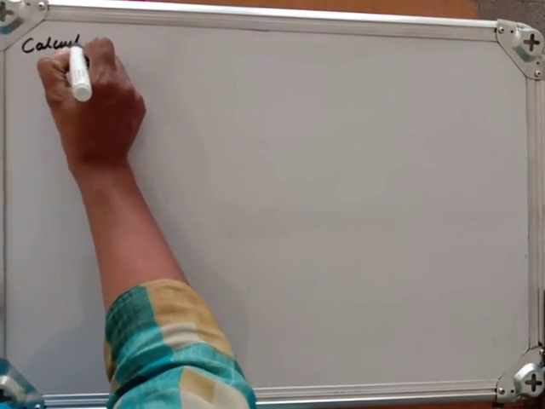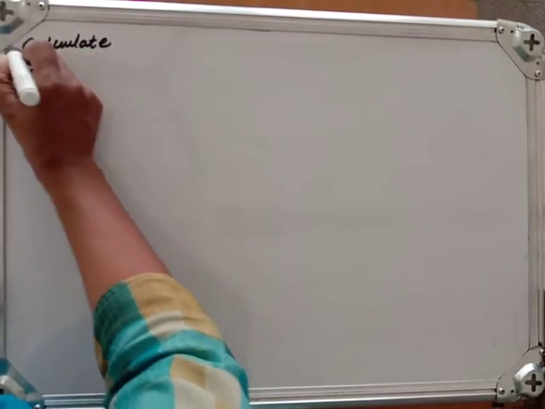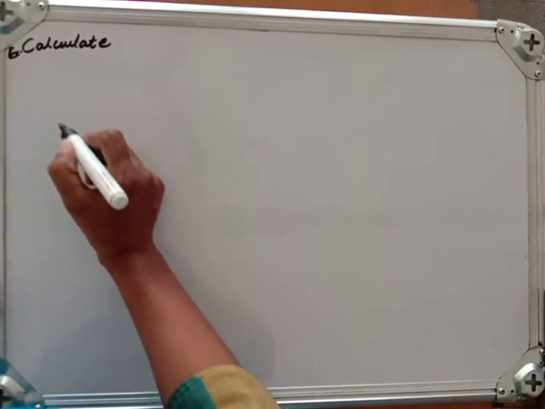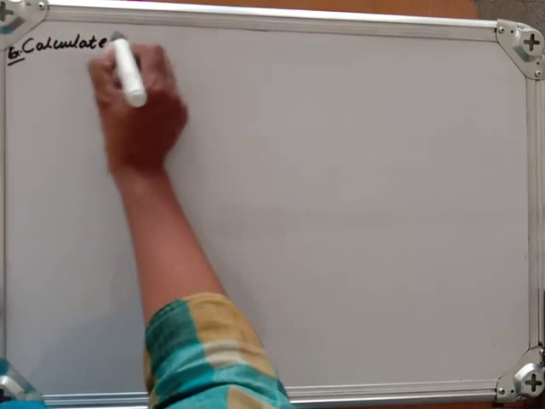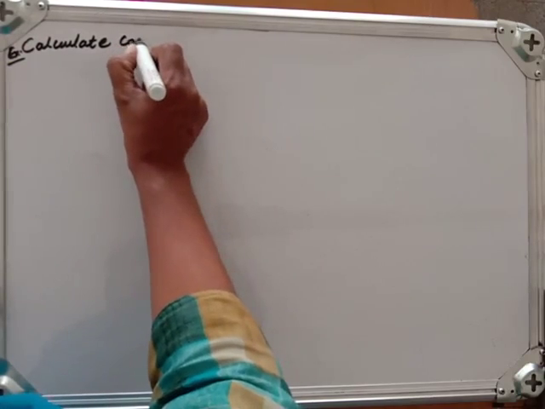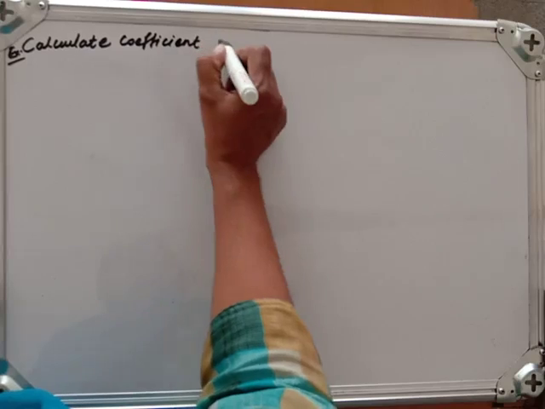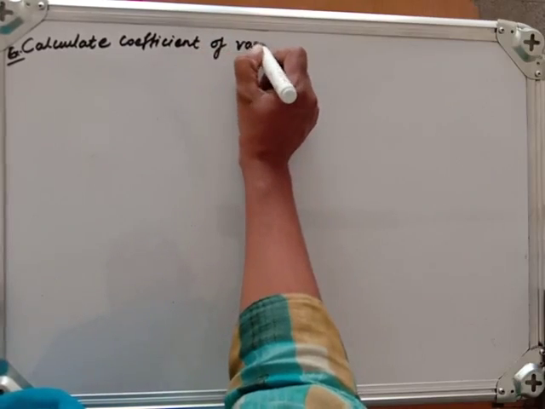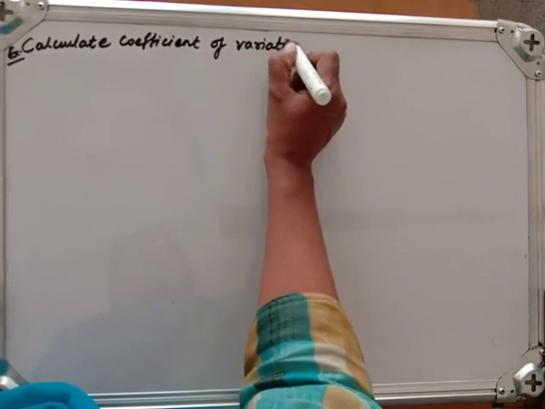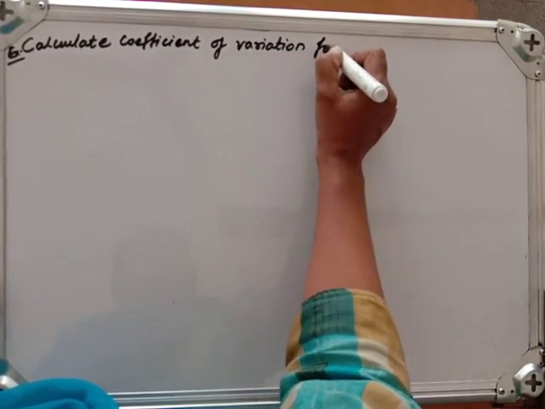So, the example is: calculate the coefficient of variation for the following data.